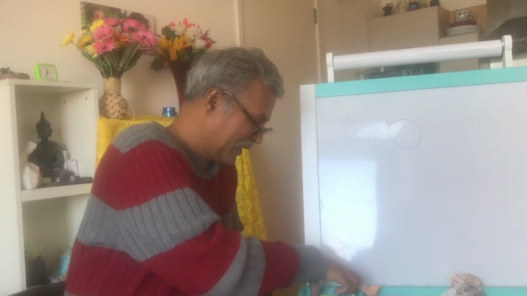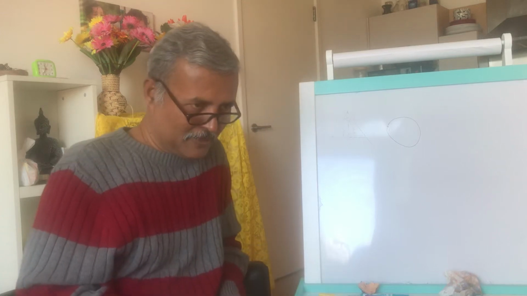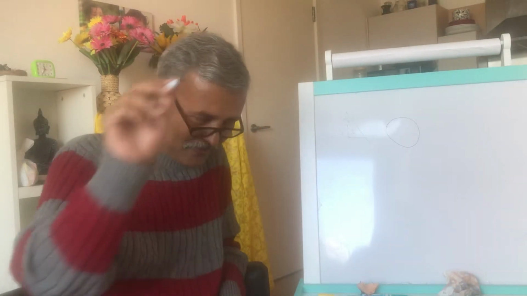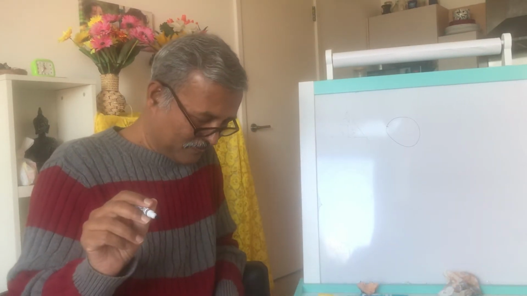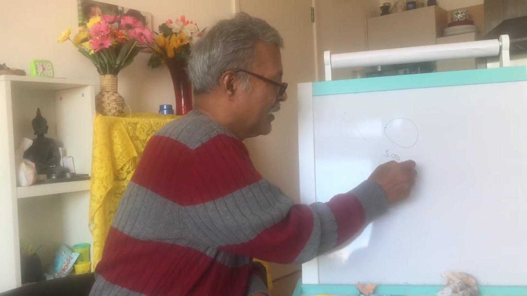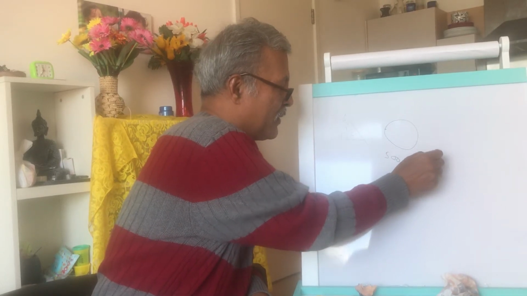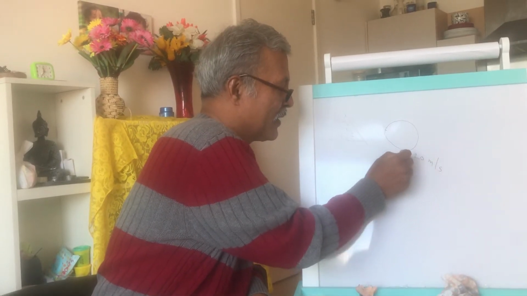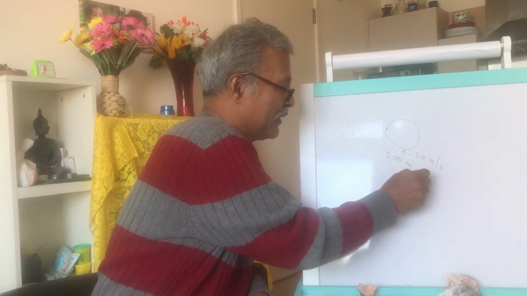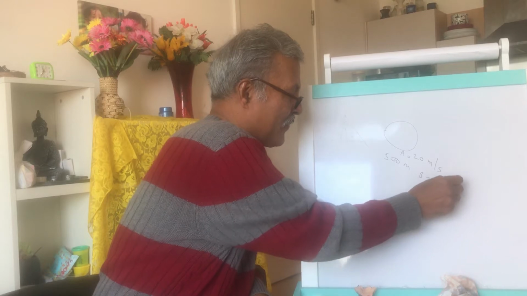In our problem, it's given that one track circumference is 500 meter. We have two runners, one with speed of 20 meter per second, and the other person 25 meter per second.